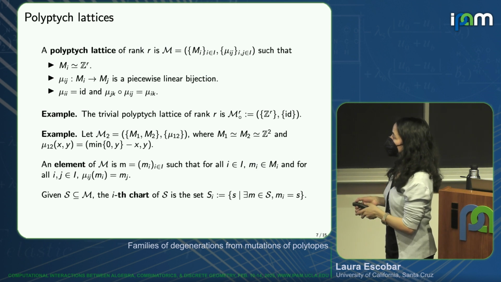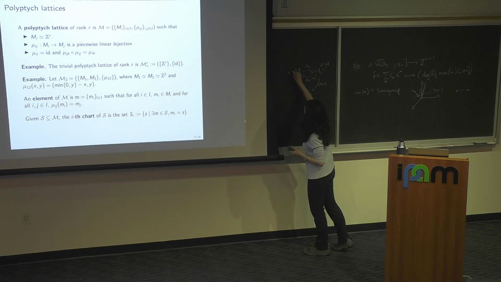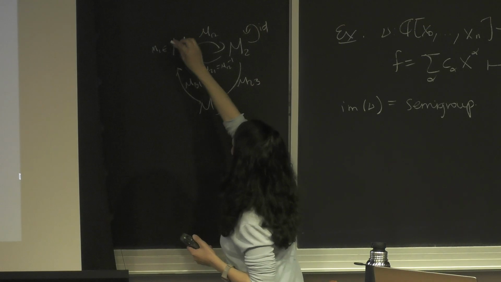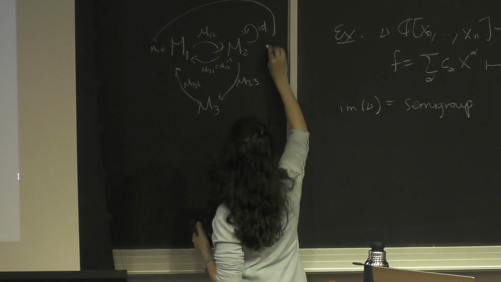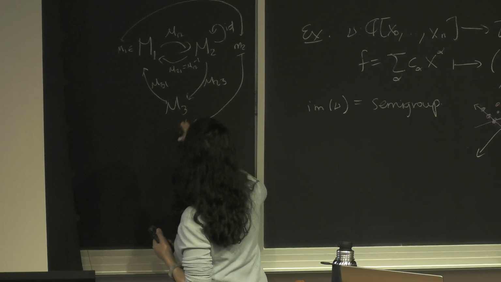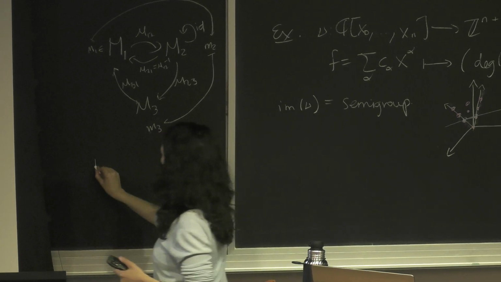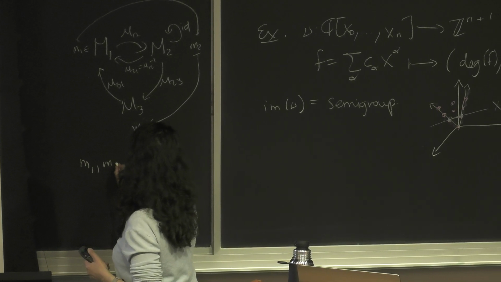They are equivalence classes. You pick an M, let me call it M1, and that maps to an M2, and that maps to an M3, via those piecewise linear bijections. So your element is M1, M2, and M3.